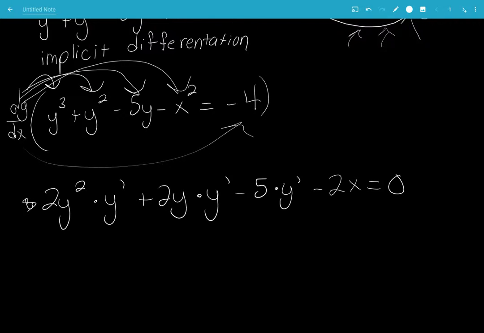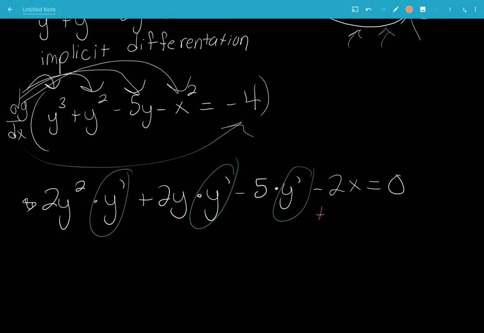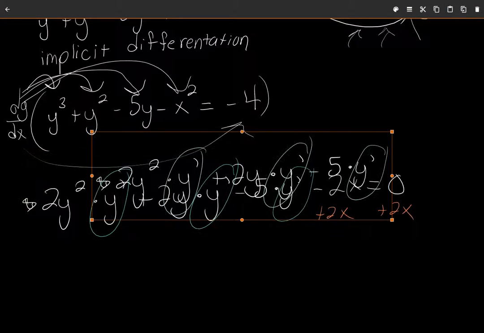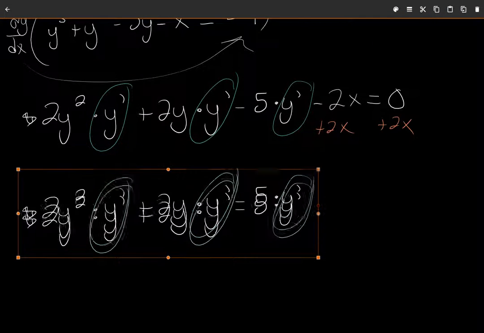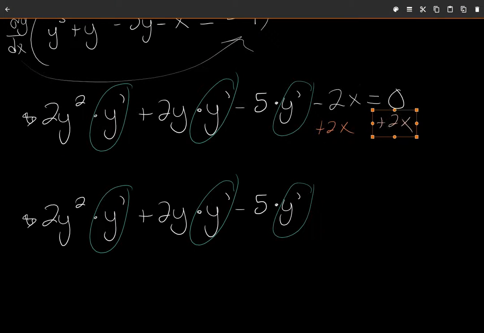So now my objective is to solve for what this y prime is equal to. And so what I'm going to do is first take this negative 2x and add it to both sides of the equation. So here I'll add 2x, add 2x. So now I'm going to have this left-hand junk. And then on the right-hand side, I'm going to have this equals 2x.